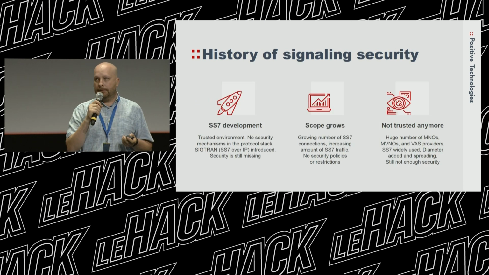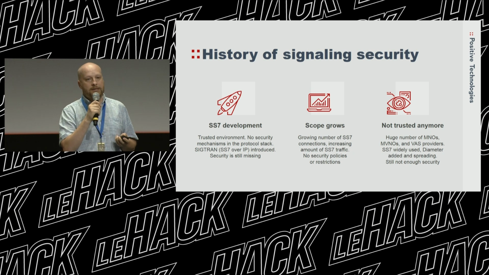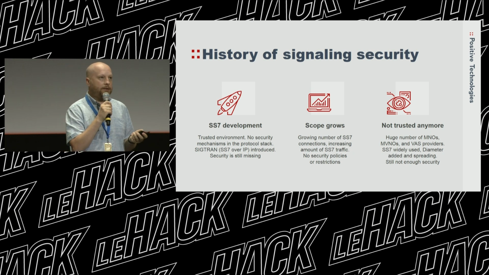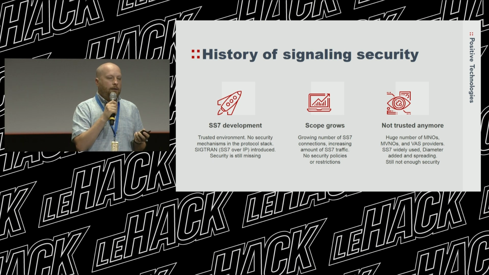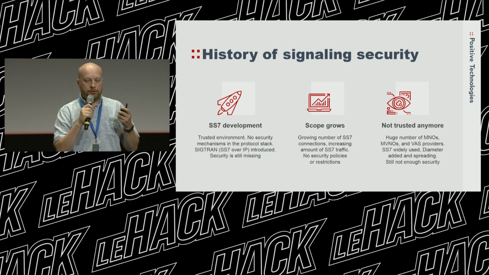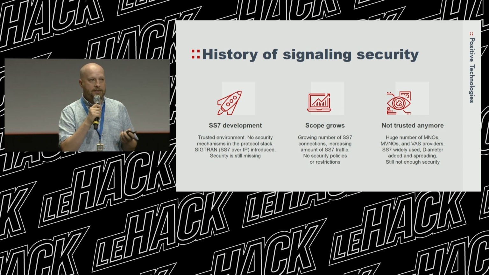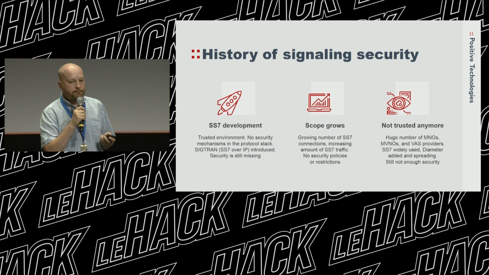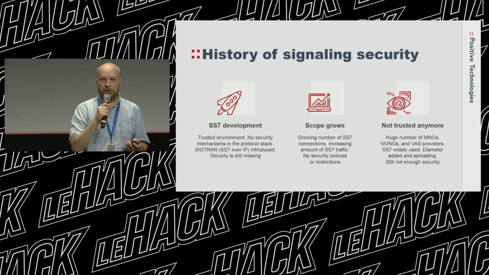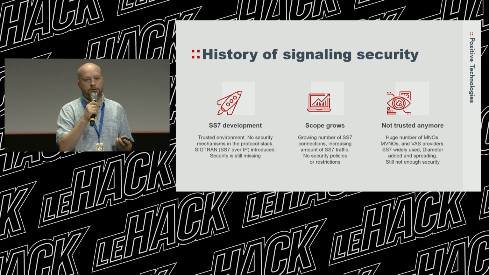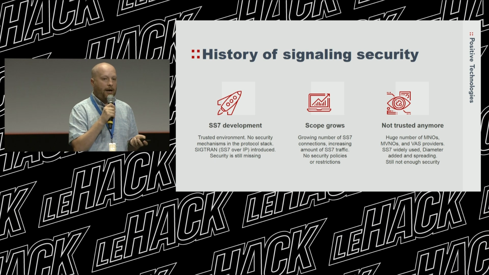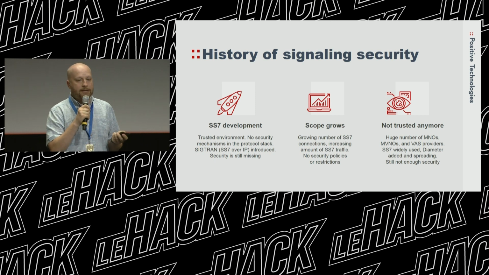Why is SS7 not secure? When SS7 was developed, it was supposed to be an absolutely isolated network. And there was no thought to implement any security mechanisms in the SS7 protocols. But later, the SIGTRAN specification was introduced that allowed sending signaling, or SS7, traffic via IP networks. So SS7 stopped being isolated.